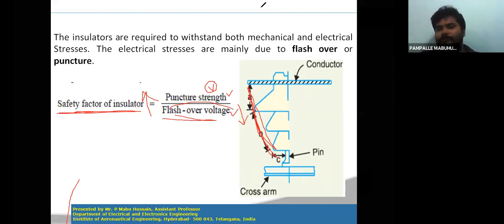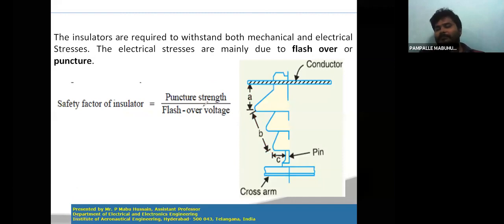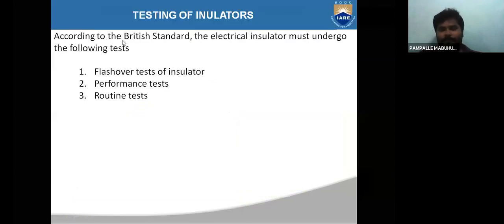Whenever the safety factor is high, flashover will occur first, so that the insulator will not be damaged. Right, these are the different causes of insulator failure. Next, testing methods.